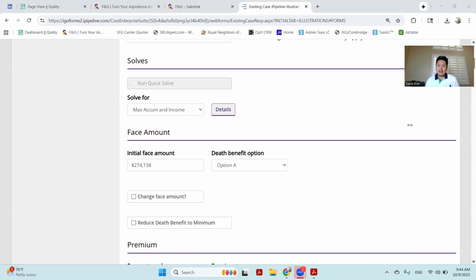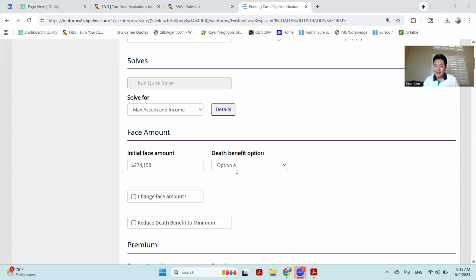That means the client has the cash value on top of the death benefit, because with option A, you get either or. You take out the cash value, then the death benefit goes down that much, right? So if you had a $250,000 death benefit and you have 50 grand in there, when you take out the 50 grand, your family only gets 200,000.